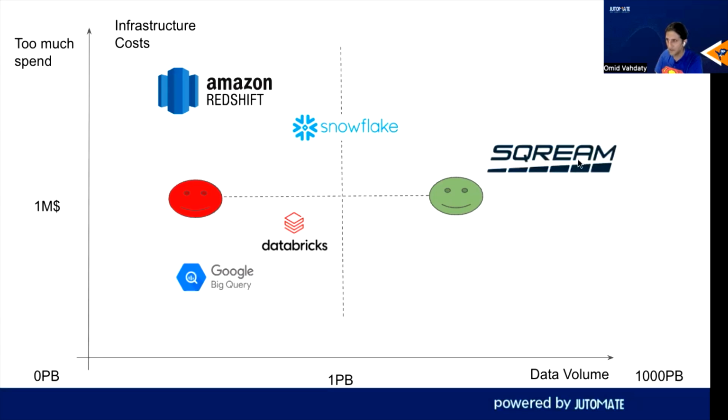When you take the rest of them, they are able to process 1 petabyte and more. But on some of them, you'd spend too much. That's it. That's all I wanted to say.